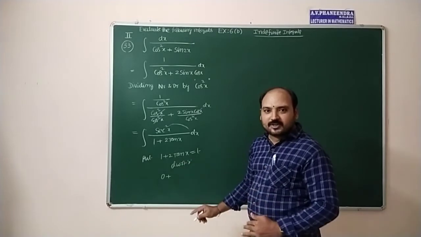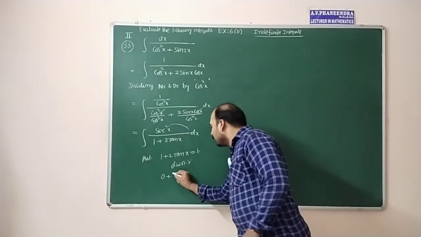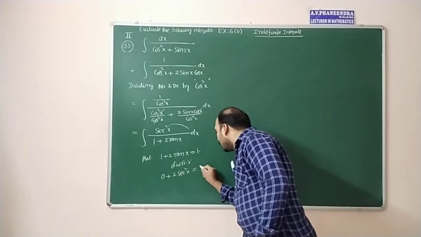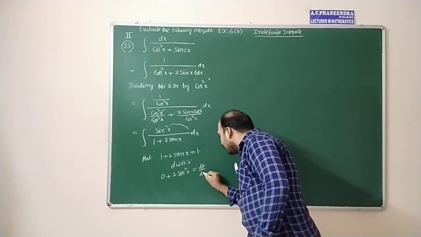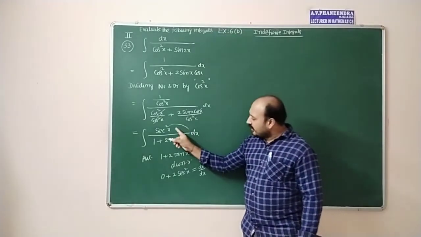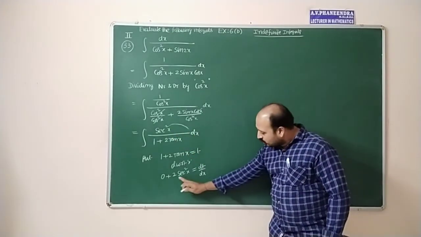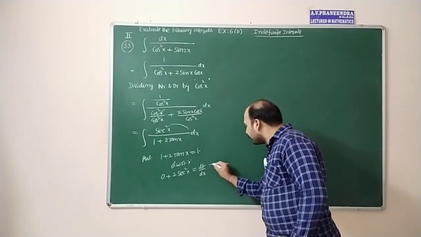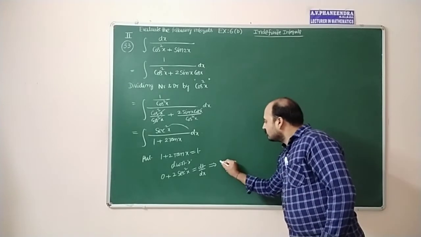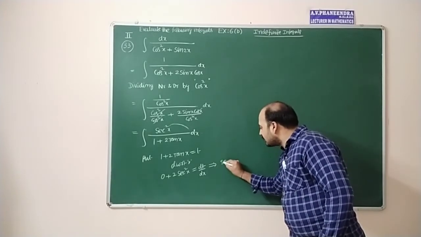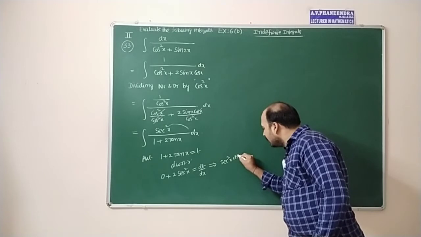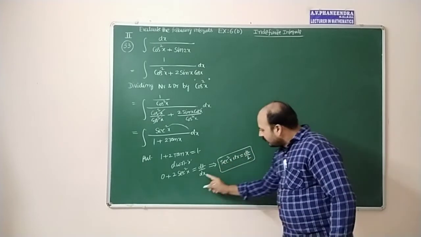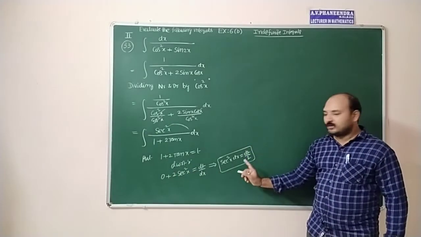Whenever constant into function is there, constant you can take outside. 2 into d by dx of tan x, secant square x, is equal to dt by dx. Now in the numerator, secant square x dx only is there. So 2 I am taking this side, dx we are taking here. That implies that secant square x into dx is equal to dt by 2.